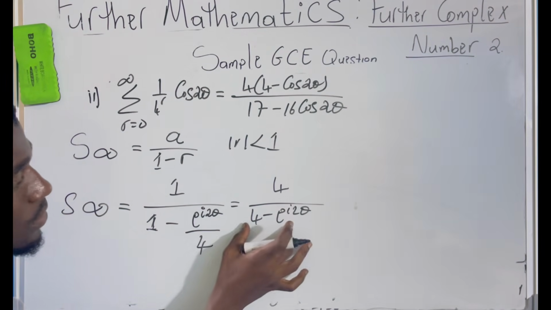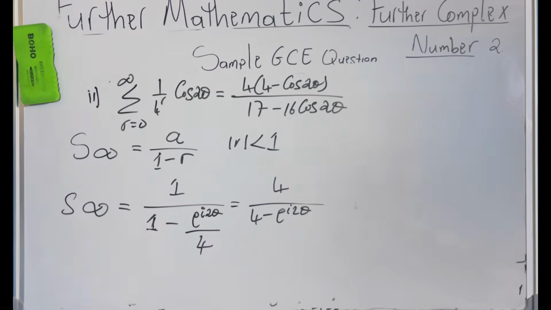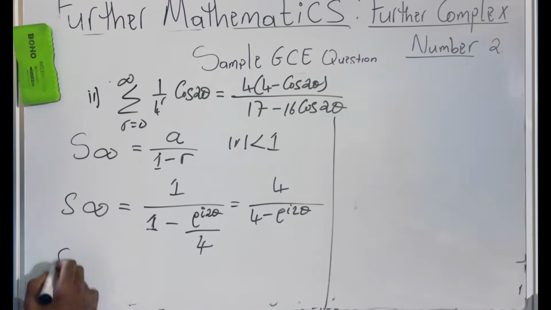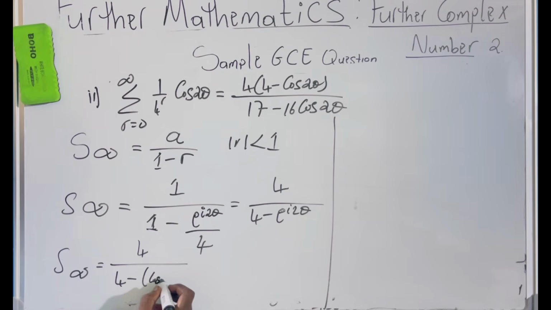So now let us see how to simplify this. It means that the sum to infinity will be equal to 4 all over 4 minus, let us see, the exponential is the same as cos 2 theta plus i sine 2 theta.